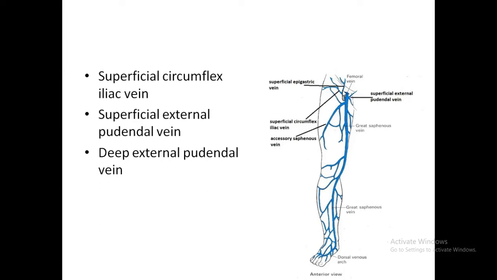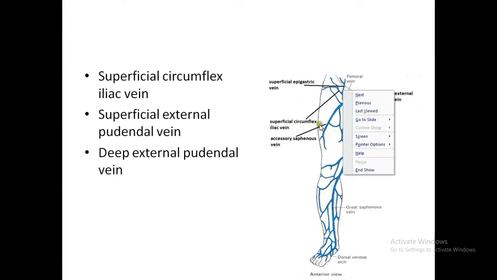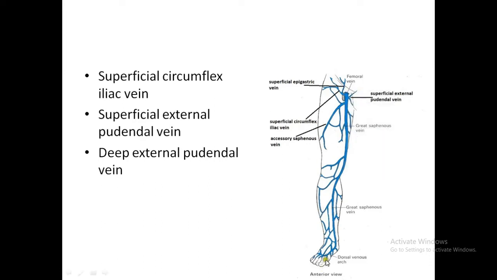So, if I take a quick review regarding the great saphenous vein, it is among the two superficial veins of the lower limb. The great saphenous vein is formed by the dorsal venous arch of the foot and the dorsal vein of the big toe.